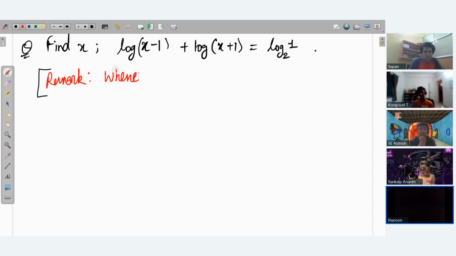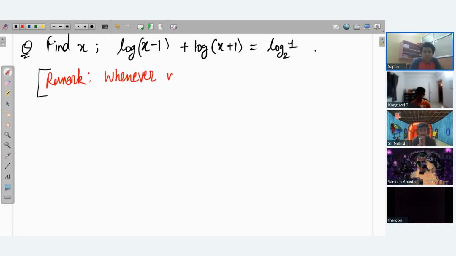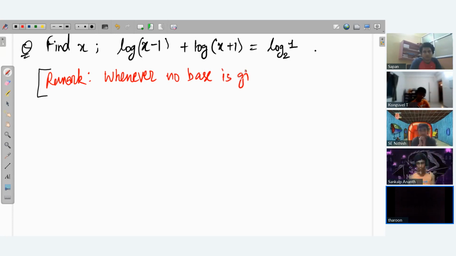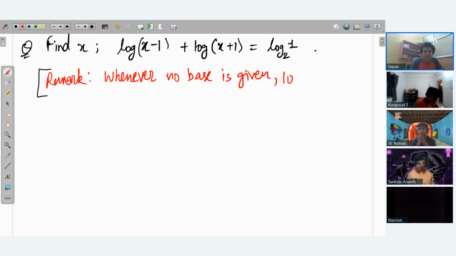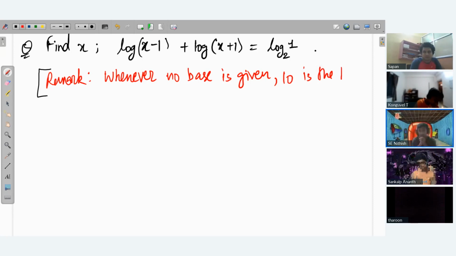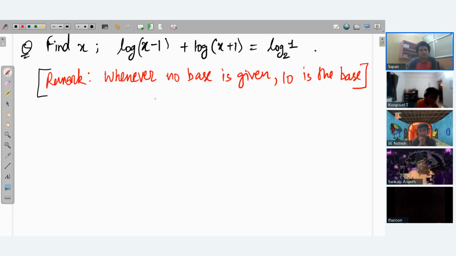Whenever no base is given, 10 is the base, for both logs. It is a very important thing which you should remember, because questions will mostly not be given in bases.